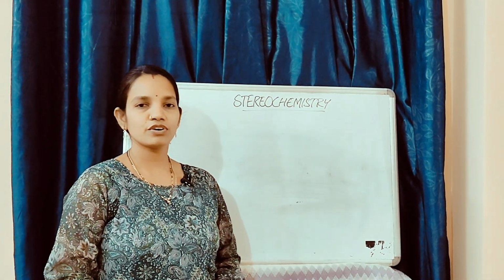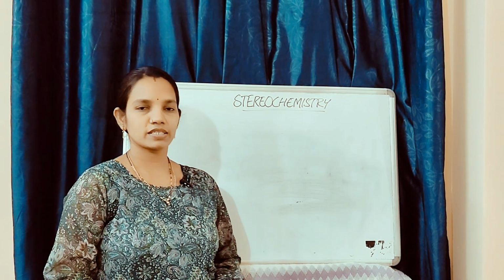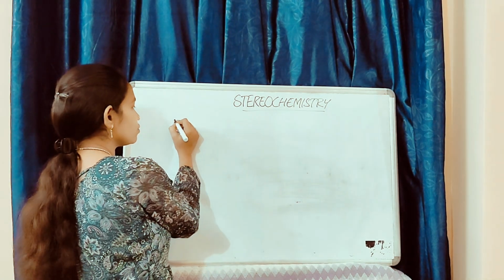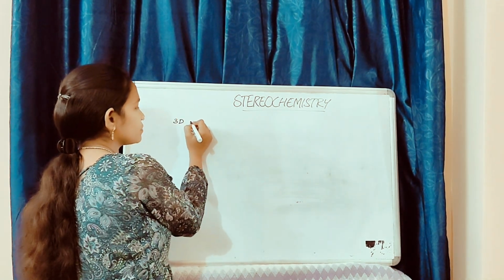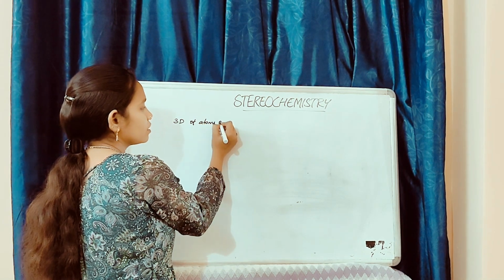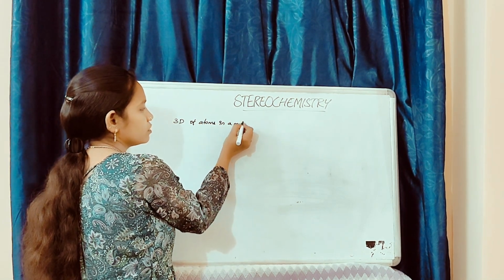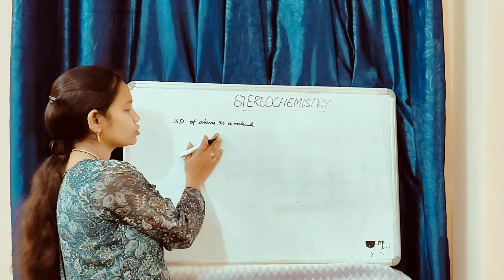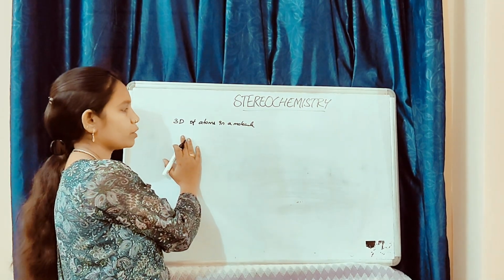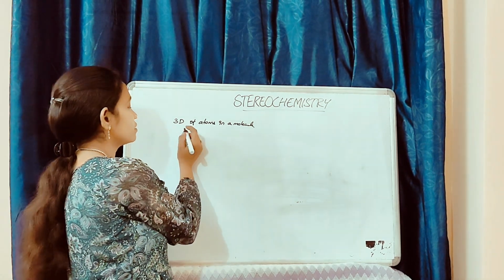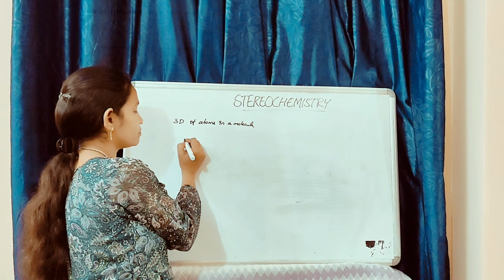Stereochemistry is the study of the three-dimensional arrangement of atoms in a molecule. Now why is this important? Because in our body, molecules don't exist in a flat form.